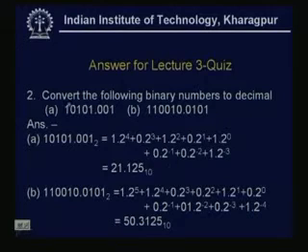The second question was to convert the following binary numbers to decimal. As this is binary, the radix is 2. So, using the formula we did, 10101 means 1 into 2 to the power 4, where 4 is the place value.